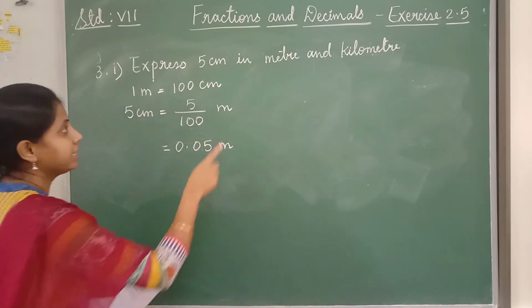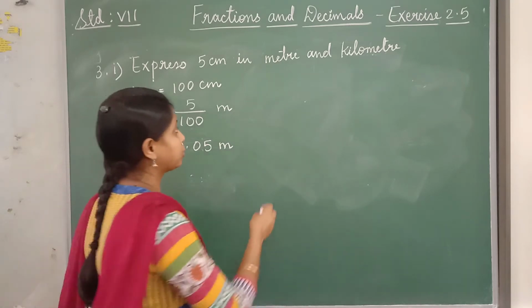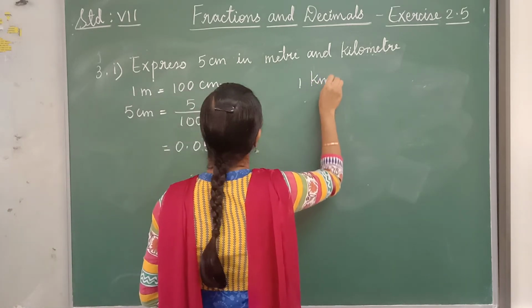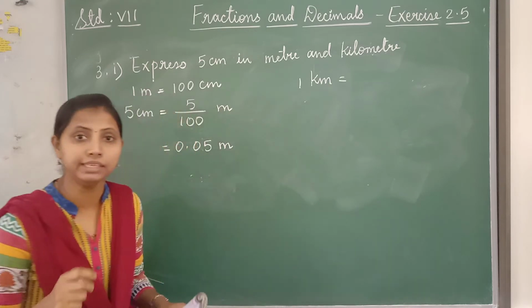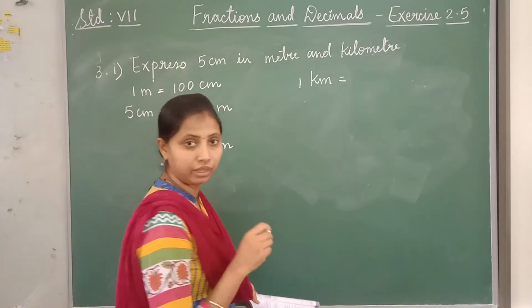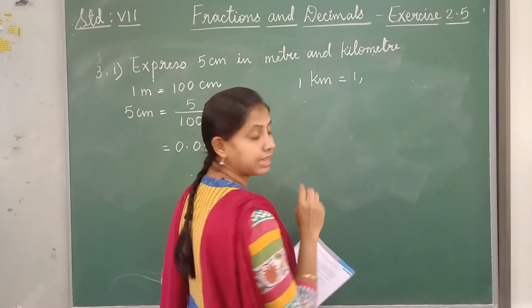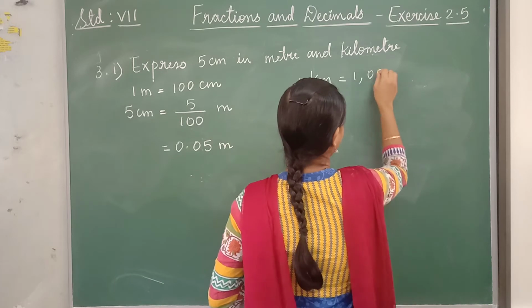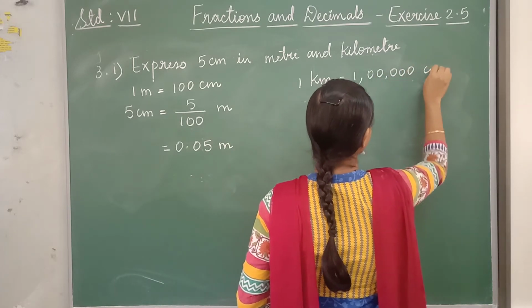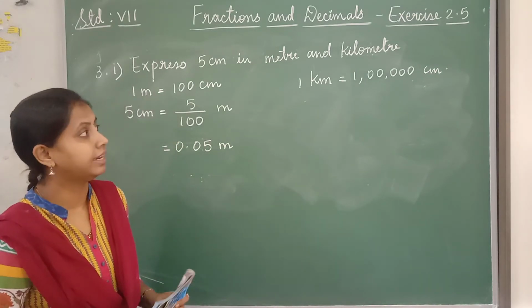Now next, you have to convert into kilometer. So you must know the conversion factor of that also. 1 kilometer is equal to how many centimeters? You must know. 1 kilometer is equal to 1 lakh centimeter.